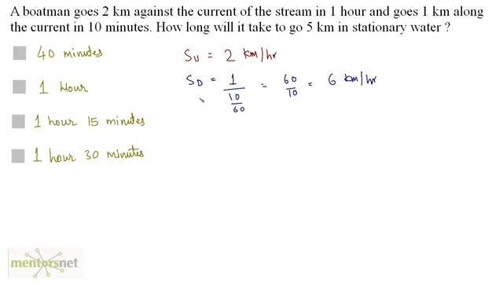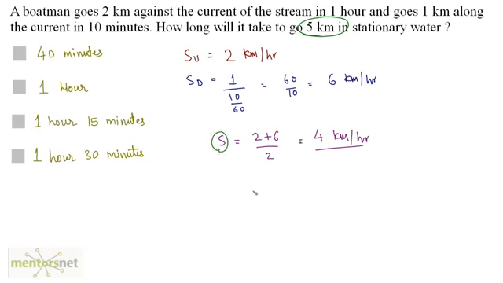So now we have the upstream speed and the downstream speed. Let us calculate the speed of the boat in stationary water, which is equal to the addition of these speeds divided by 2. So 2 plus 6 by 2, and that's 8 by 2, and that's 4 kilometers per hour. Now we have been asked how long will it take to go 5 kilometers in stationary water. So we have been given the distance and we have the speed.